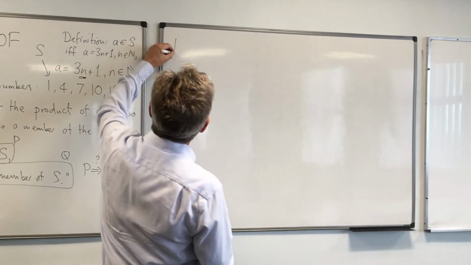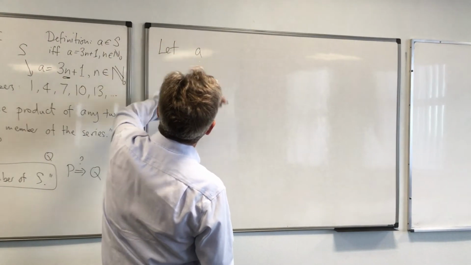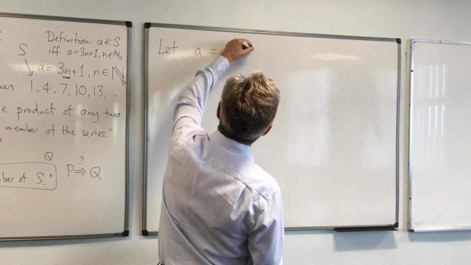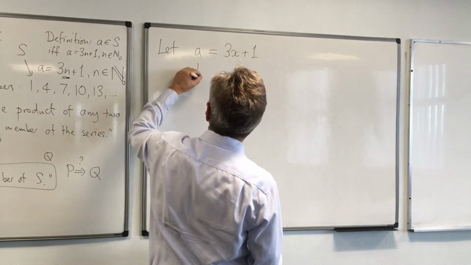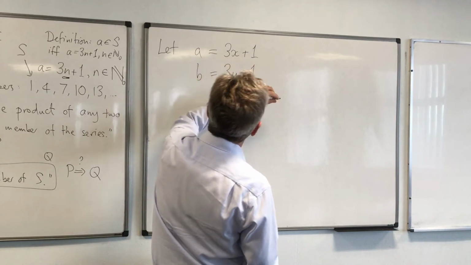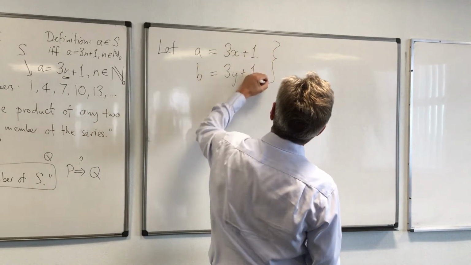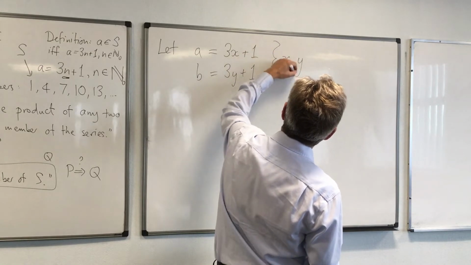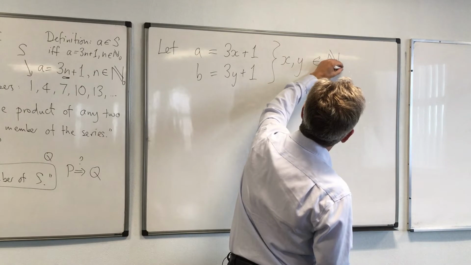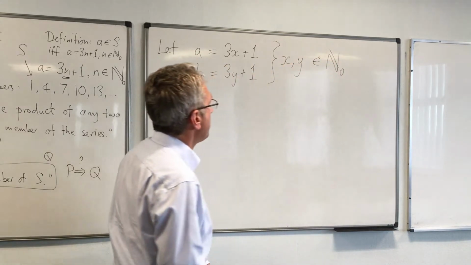So let A equal, well, let's call it 3x plus 1, and B equal 3y plus 1, and we know that x and y are both members of the natural numbers starting at 0.